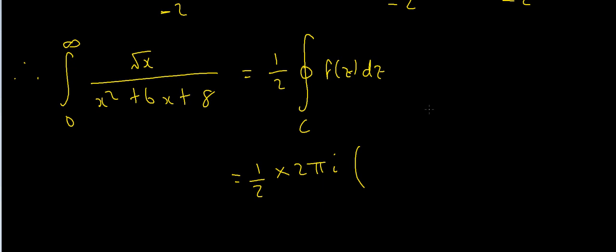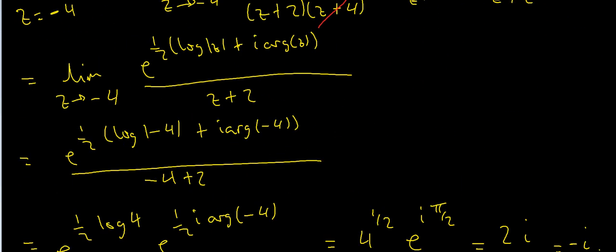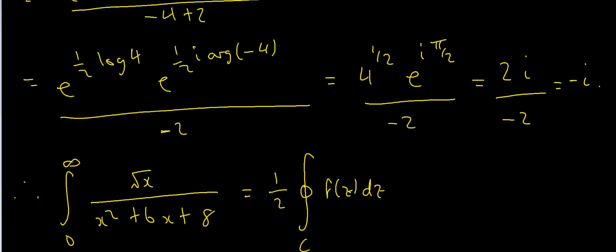Well, the first residue was i root 2 over 2, plus the second residue, which was just minus i.